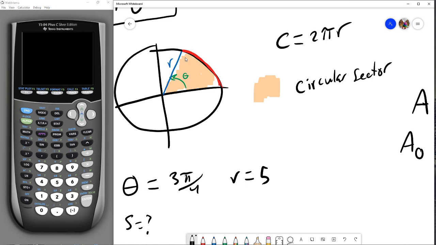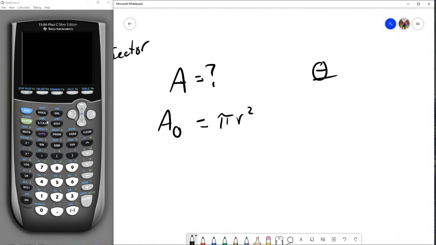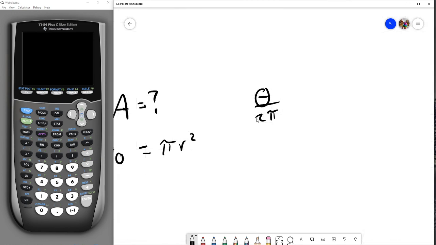So the fraction of the full circle, then, we could think of it as theta over 2 pi. So this ratio here is going to be the amount of the circle in the shaded area.